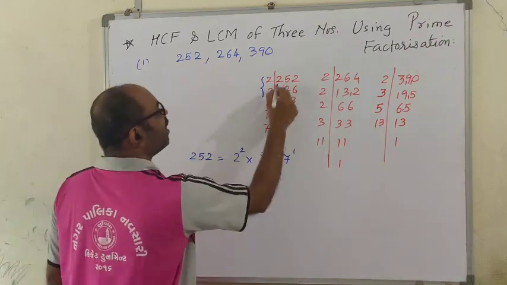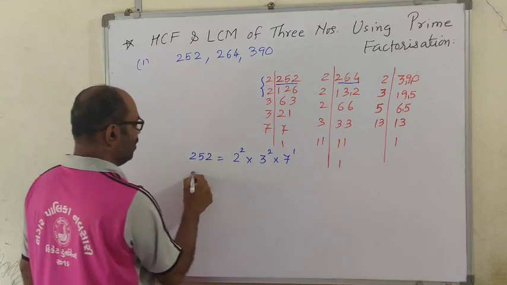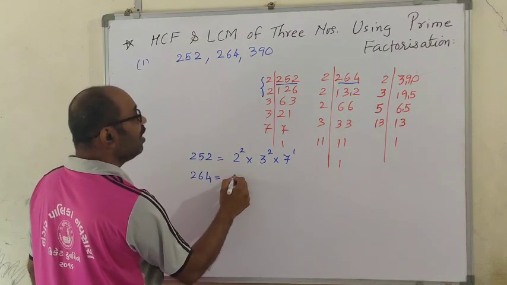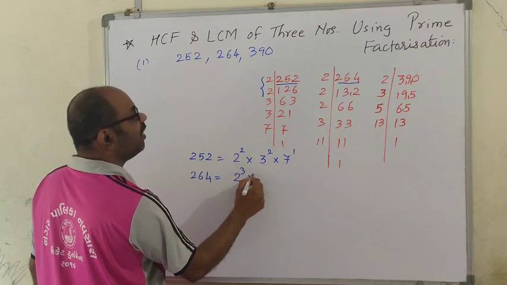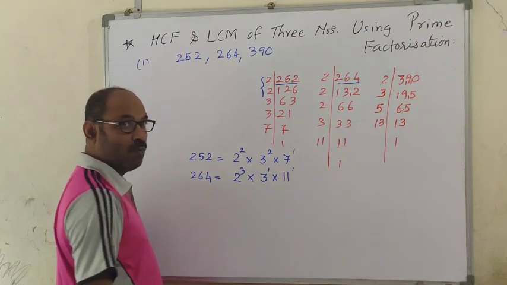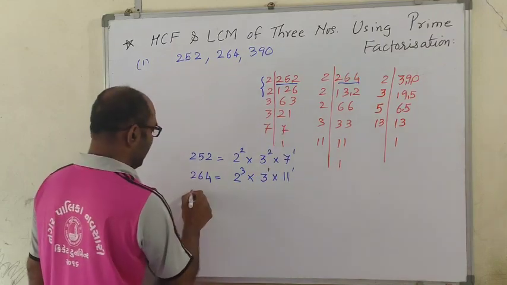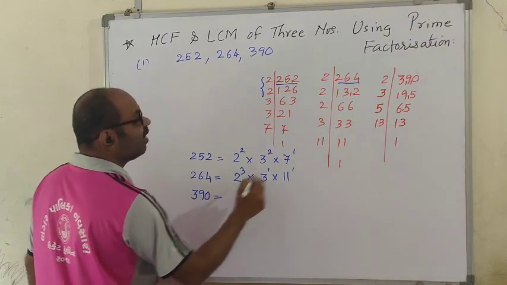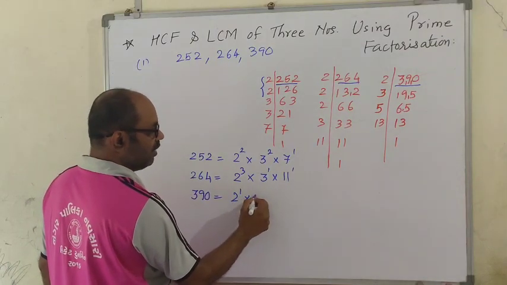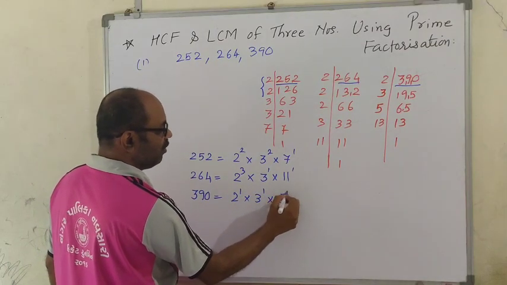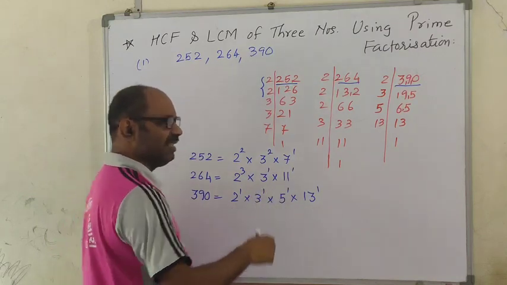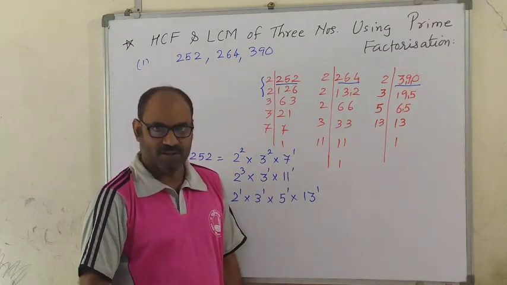What about the next number? 264 is equal to 2 cube into 3 raised to 1 into 11 raised to 1. And the third number, 390, the prime factors are 2 raised to 1, 3 raised to 1, 5 raised to 1, 13 raised to 1. You may write index 1 or you may not write.